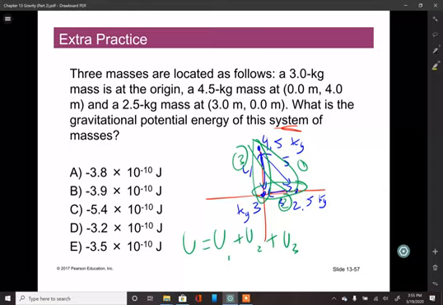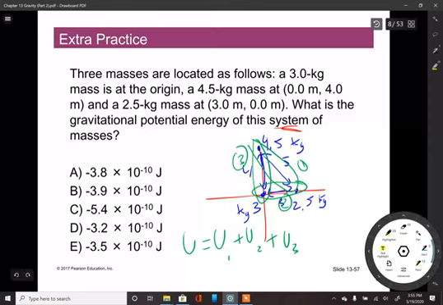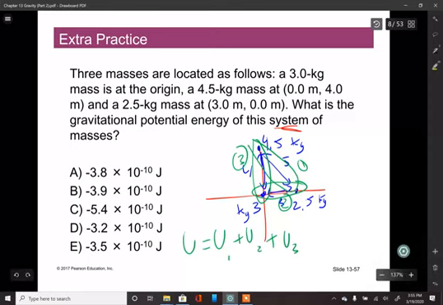And each one of those U's is G times M over R times -1. And so if you plug that all in very carefully, you should get that the answer is C. So you get to do the math, but this sketch and this concept is really all you need. Notice something else I didn't do: this is an energy. These are not vectors. I just added the numbers.